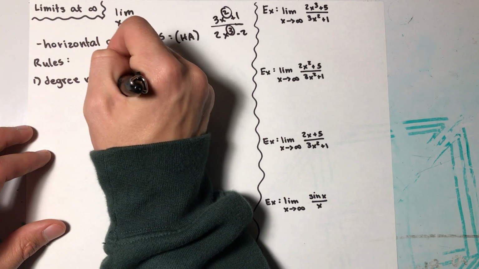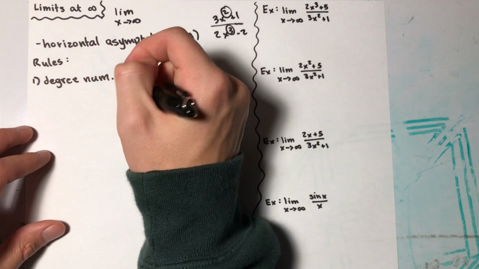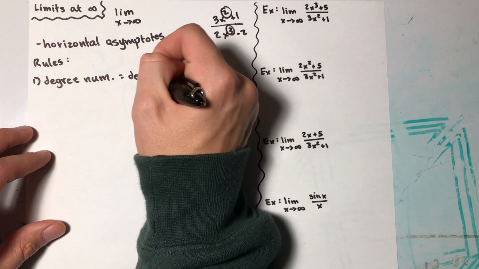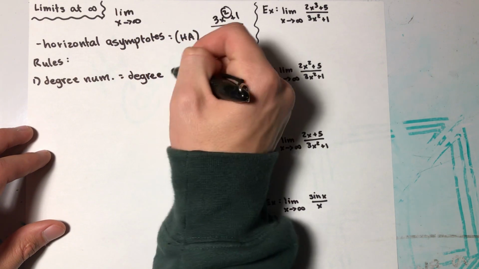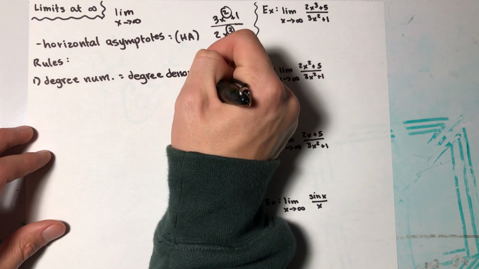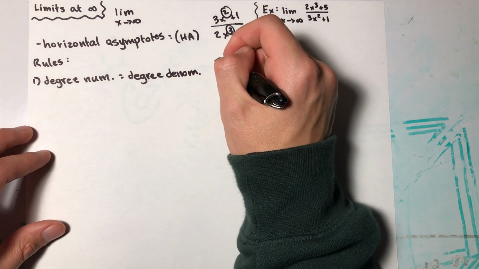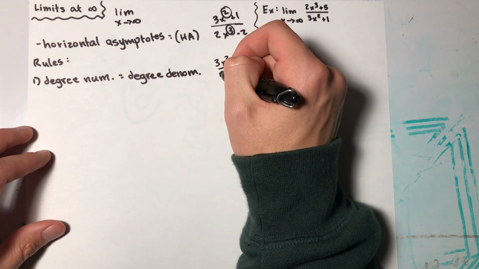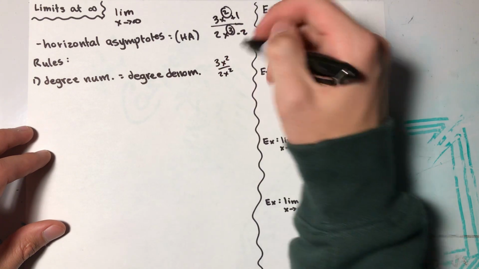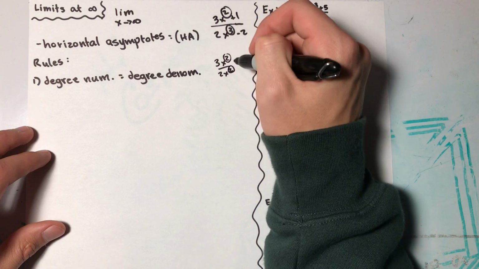So what happens when the degree in the numerator, that's just my shorthand for numerator, is equal to the degree in the denominator? An example of this is, let's just say, 3x squared over 2x squared. As you can see, you have x squared in both the top and the bottom.